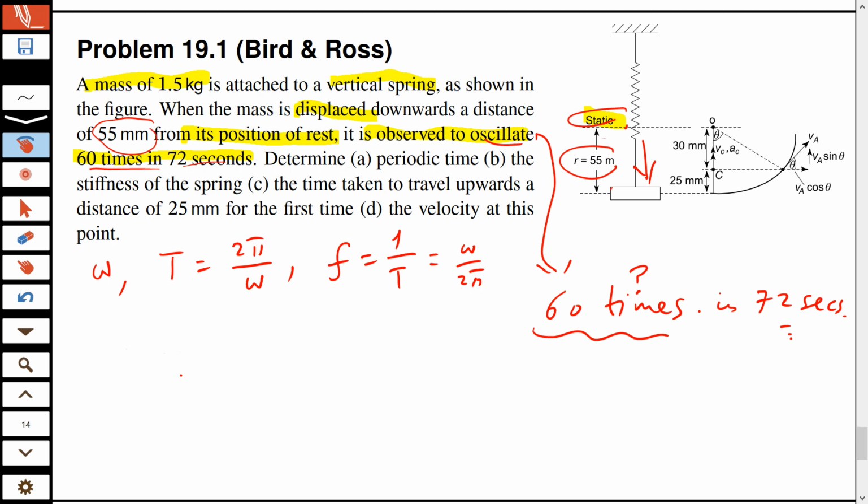60 times, maybe we should use our concept of units here.